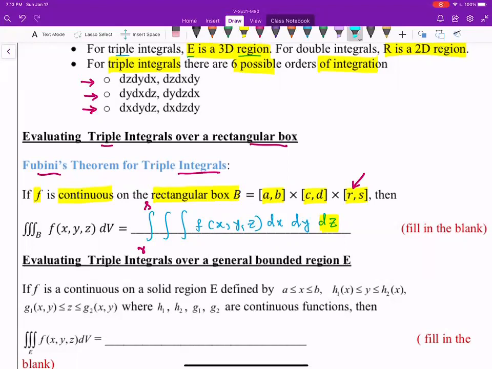Then we have to write down the limits for y, which is the second one, the middle integral, that is from c to d. Then the innermost is with respect to x, and x varies from a to b.